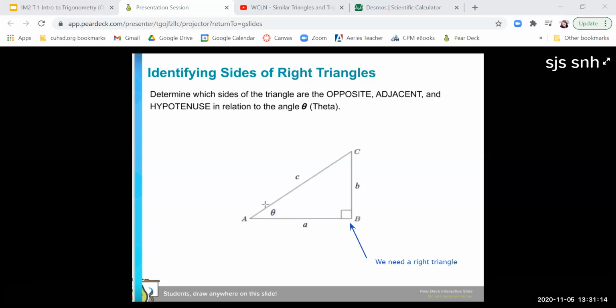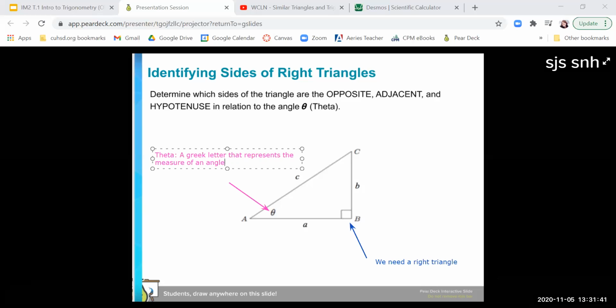And I can tell that because of this little symbol right here. This little symbol has a special name. It is called theta. And theta is a Greek letter that represents the measure of an angle.